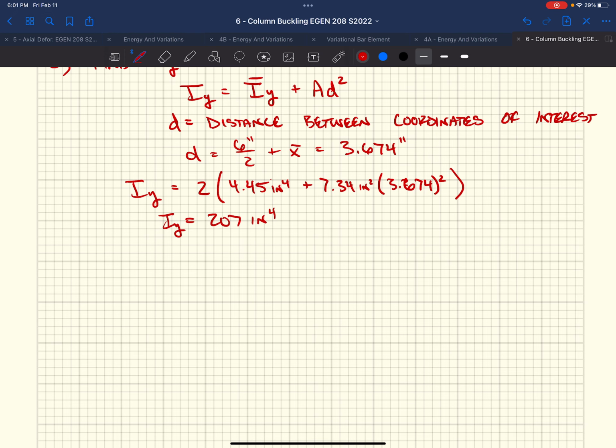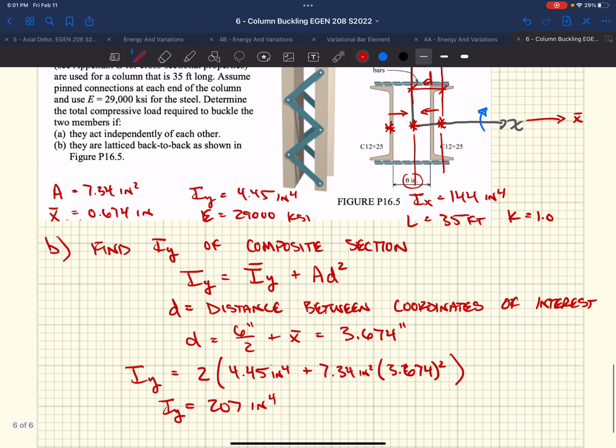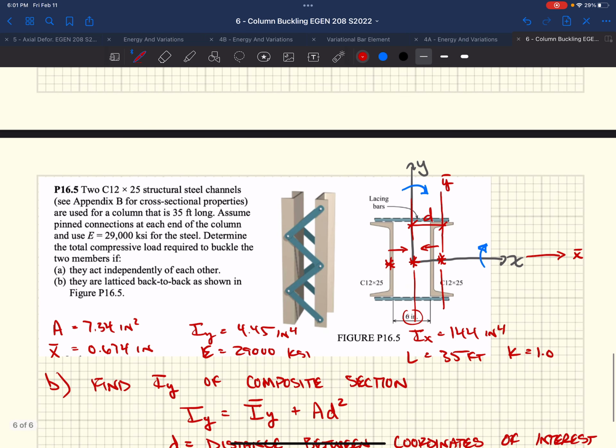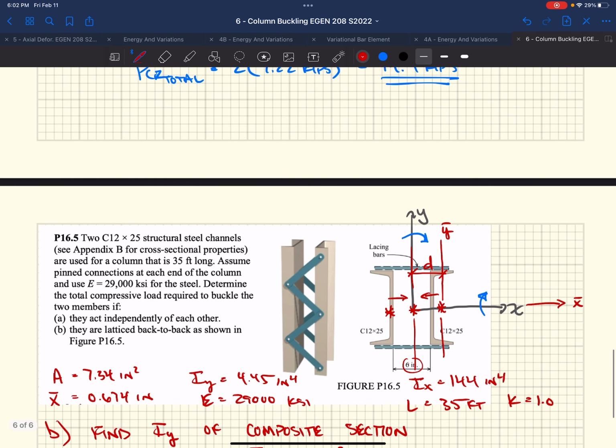Well, knowing that the length of our columns in reference to each of our rotational axes, whichever axis it's going to buckle over, whether it's x or y, are the same distance. This column's 35 feet in reference to both directions of buckling. Like I mentioned, in some cases that might not be the case. We might have some support that comes into our column, like what's going to be in the homework we're going to assign.